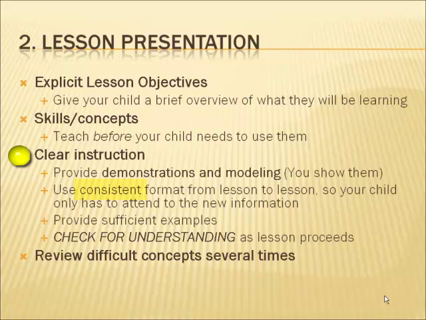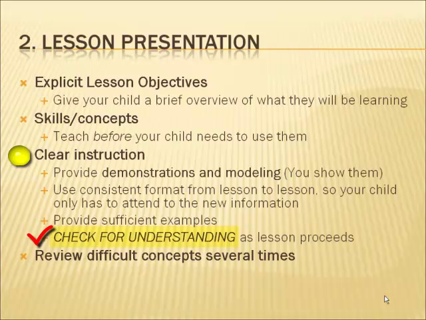And this is especially true for children who have a tendency to struggle a bit. They respond much better if there's a consistent format. And then you want to provide sufficient examples for the child to get the information you're trying to teach. And of course, very important all the way through a direct instruction lesson is checking for understanding as the lesson proceeds.